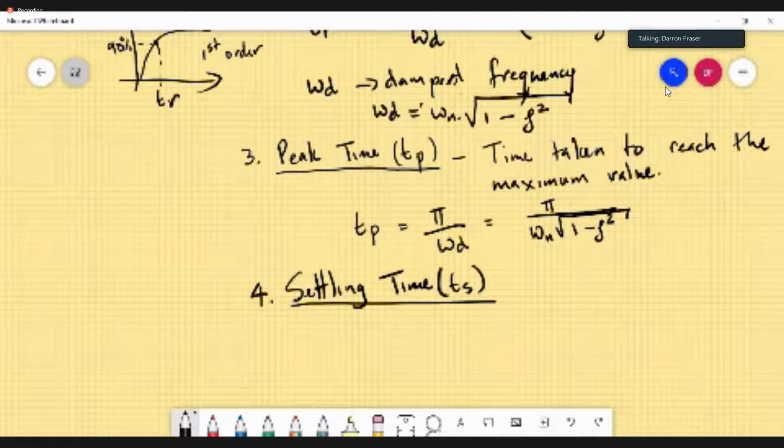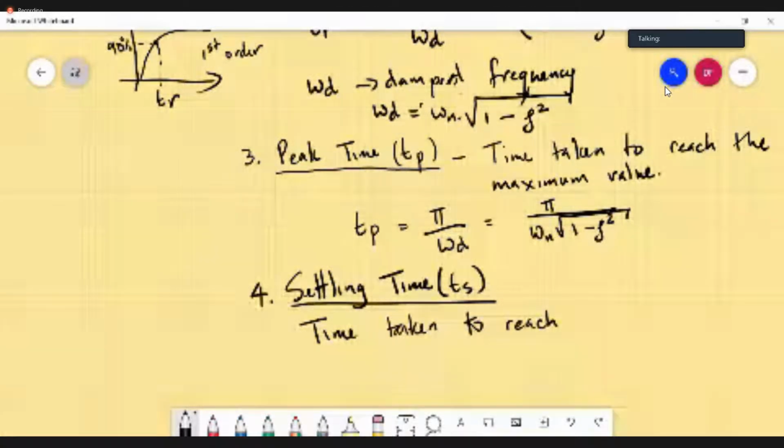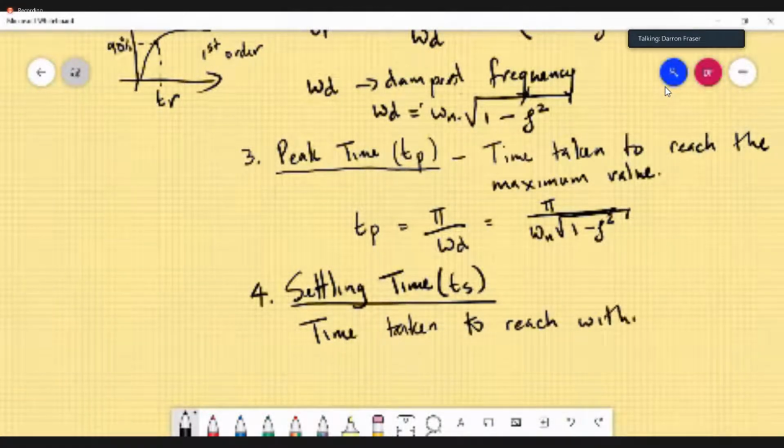And that is the time taken to reach within 5% of the final value. And that is a nominal value.